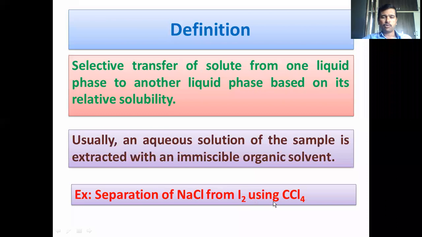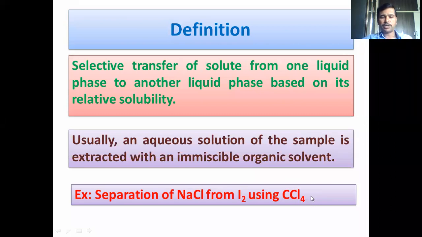So iodine is more soluble in carbon tetrachloride than in water, the aqueous solvent. Therefore, while shaking the mixture of sodium chloride and iodine in a separating funnel in the presence of carbon tetrachloride, iodine will be selectively transferred into carbon tetrachloride because of its relative solubility. Why? Because carbon tetrachloride is immiscible with water.